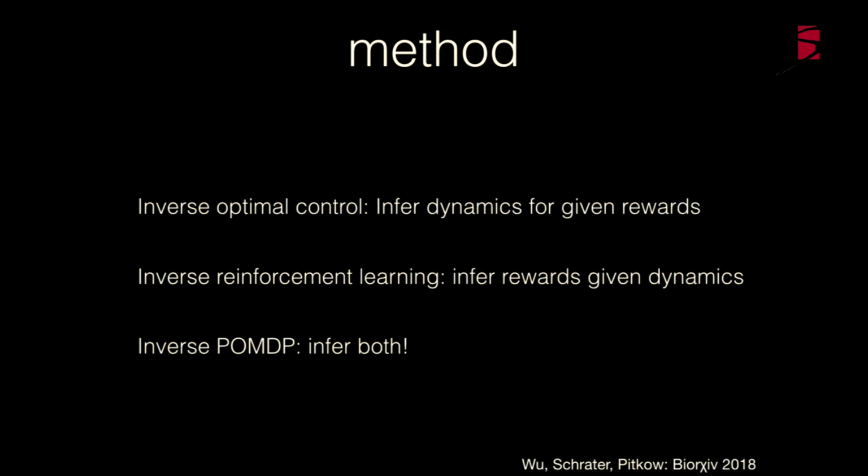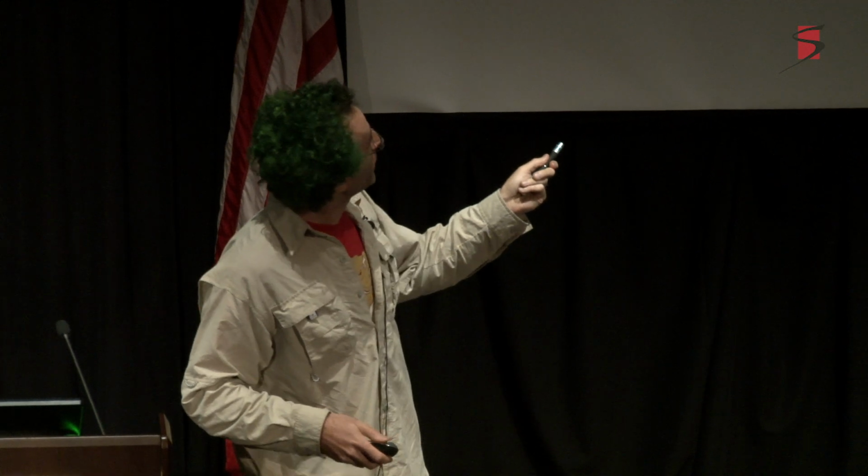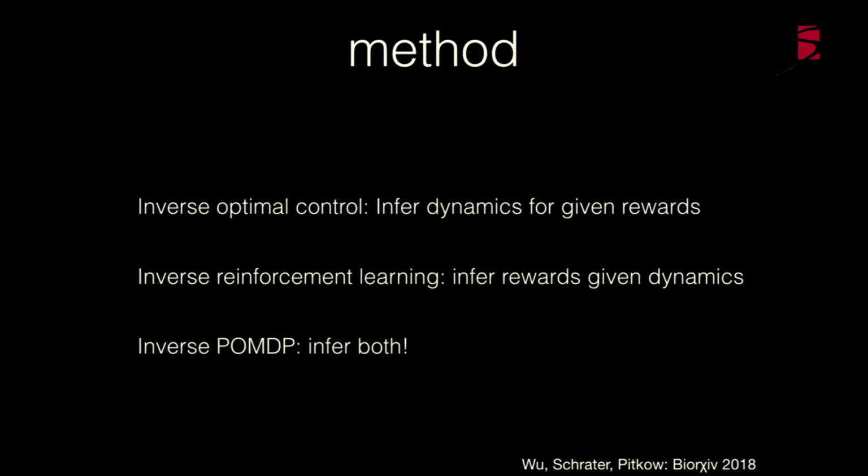Previous work has done things related to this, but not the way that we've done it and not doing the full system. People have looked at inverse optimal control. So if I tell you the reward functions, what dynamics do you assume? Or inverse reinforcement learning. So if you know the dynamics, what costs and goals do you have? And that's what Rebecca presented. But we do both. We do the full inverse POMDP.